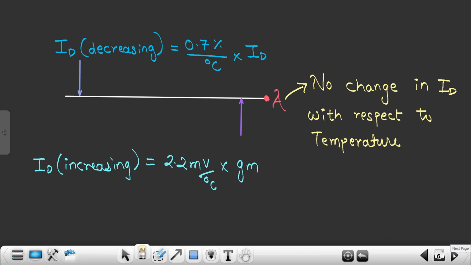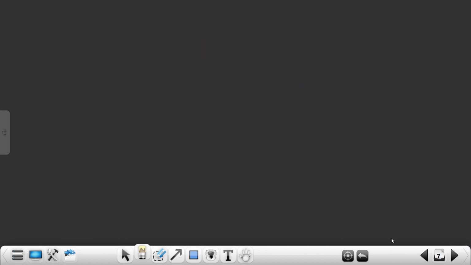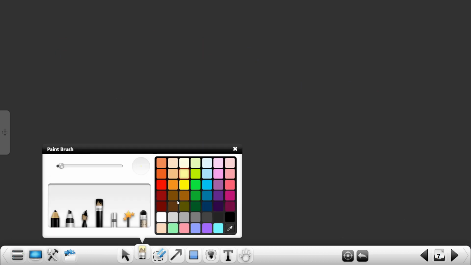So what I want to convey is that just with the help of this diagram we understood that we are not getting any significant change in ID with respect to temperature, right? So can I write this equation in this way to get that point?